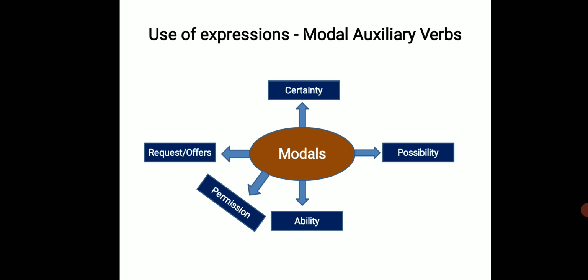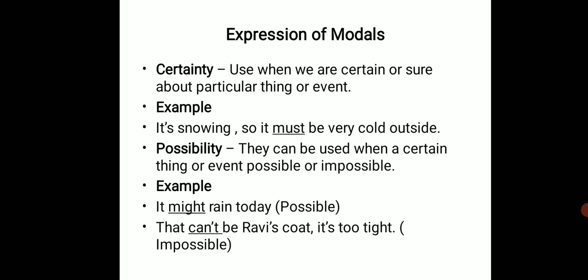Modal auxiliaries, as you know, are used to make a request or show certainty or show some possibility, offer or permission. So they may express any of these. For example, now it's snowing, so it must be very cold outside.